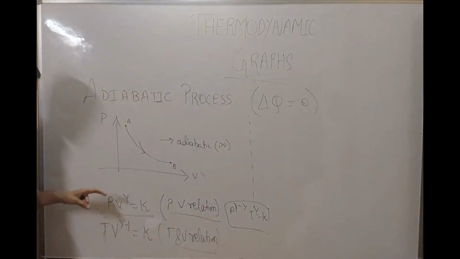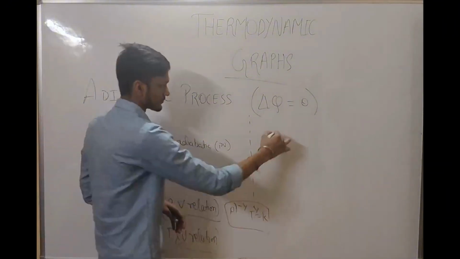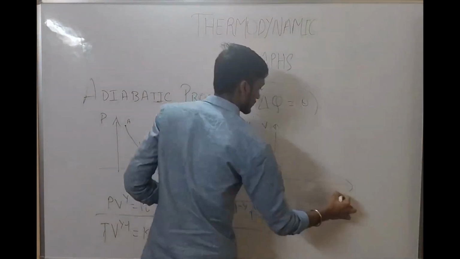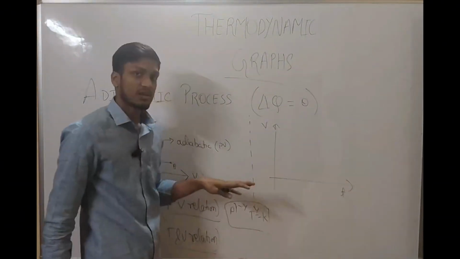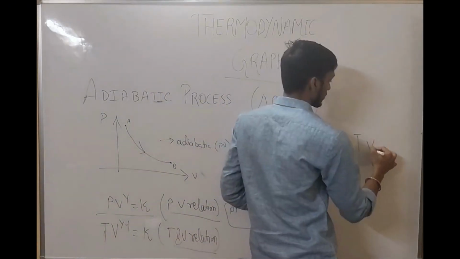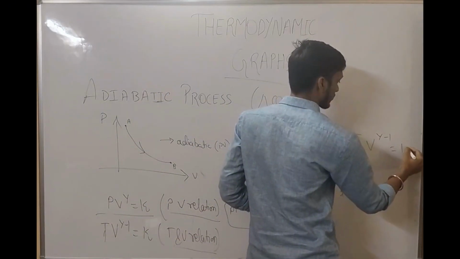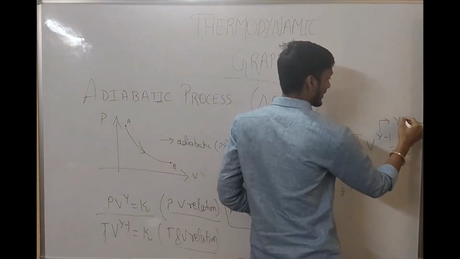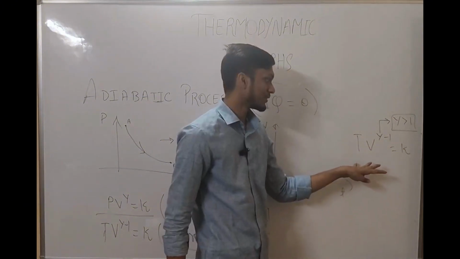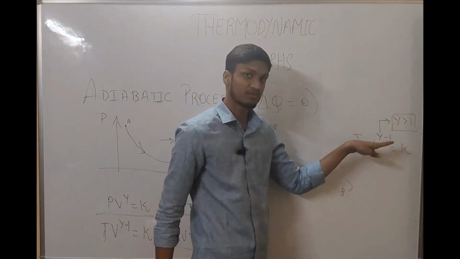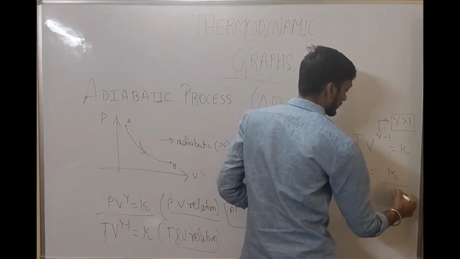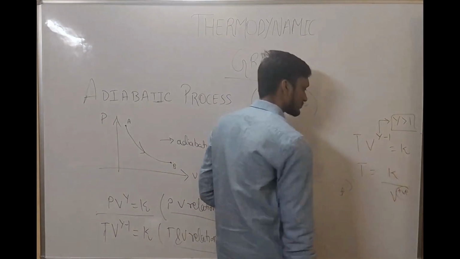Again, let's draw the VT relation. Analyze very carefully: the equation we got here is TV to the power gamma minus 1 is equal to constant. Gamma is definitely greater than 1, so this implies TV to the power of some positive value.